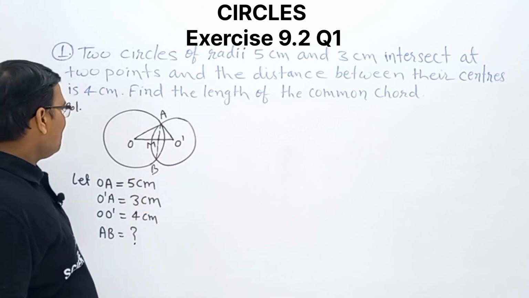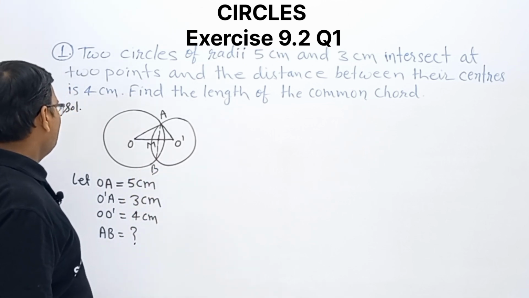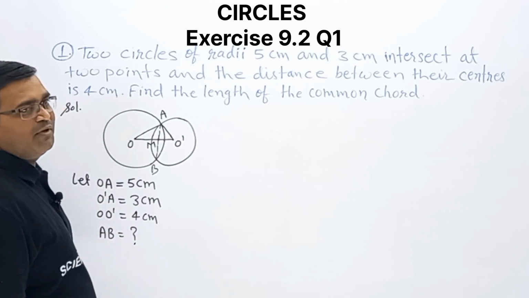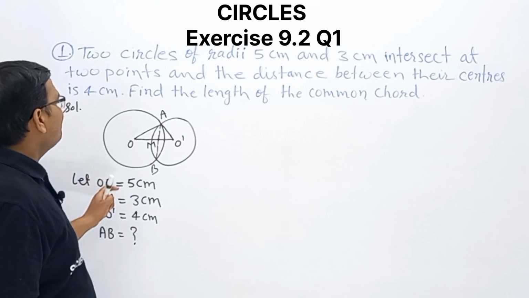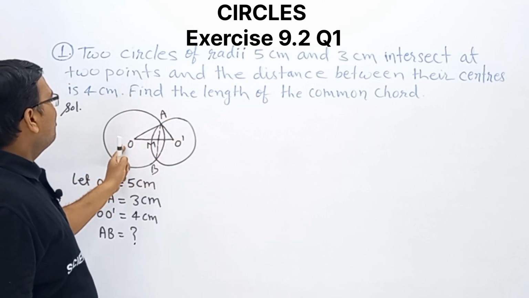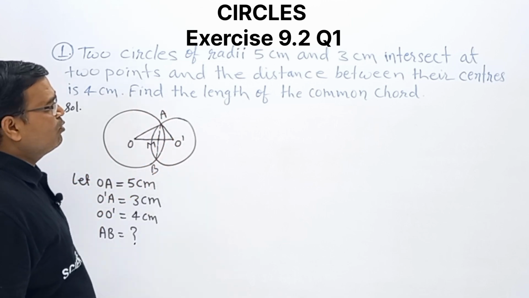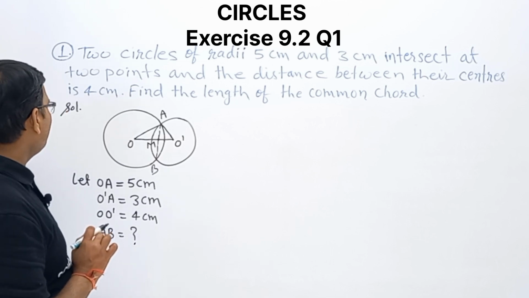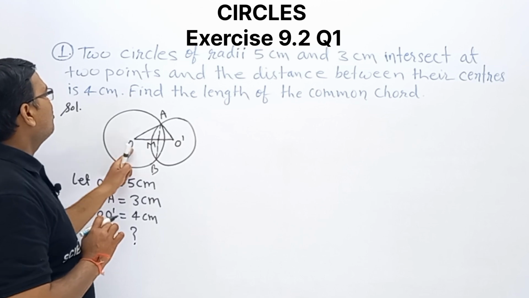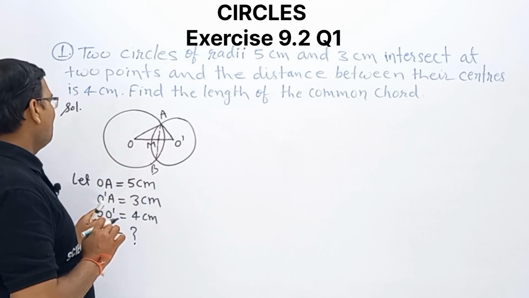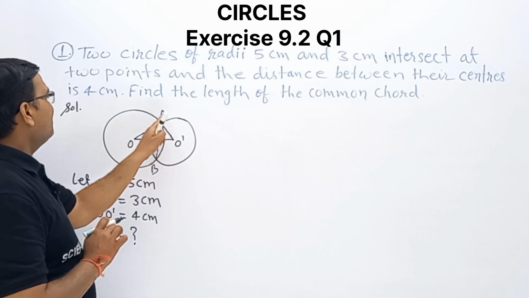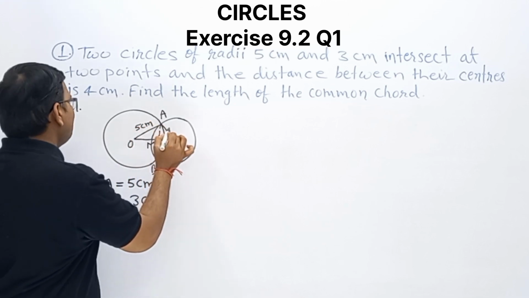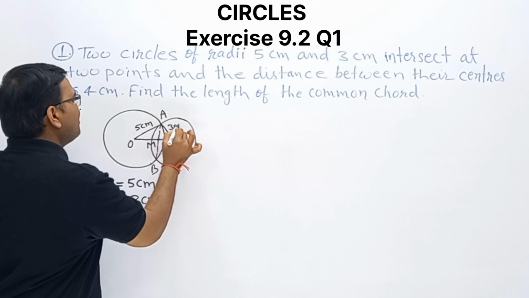Now, three sides OA, O dash A, and OO dash we are having. These three sides make one triangle. Observe what we are having. OA is 5 centimeter. O dash A is 3 centimeter.